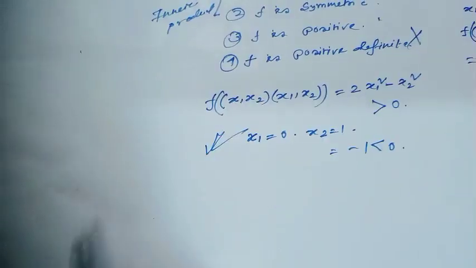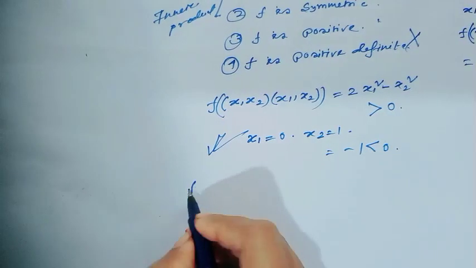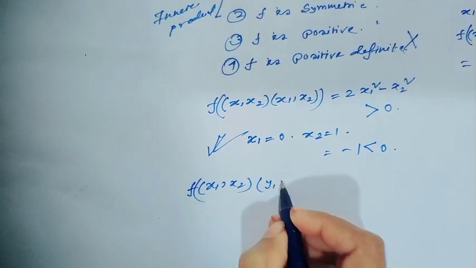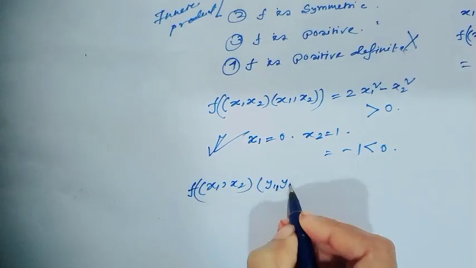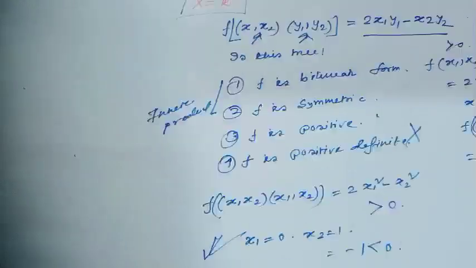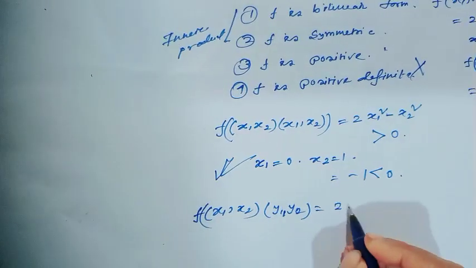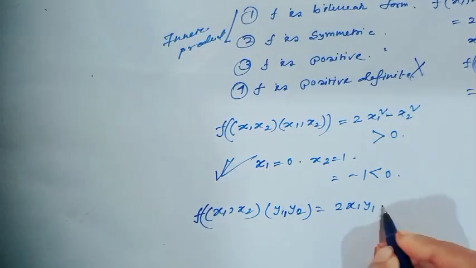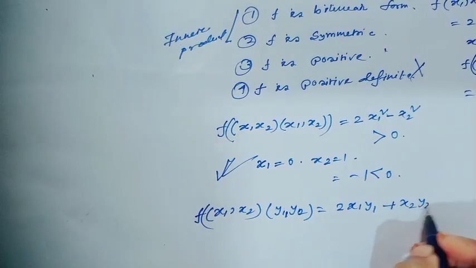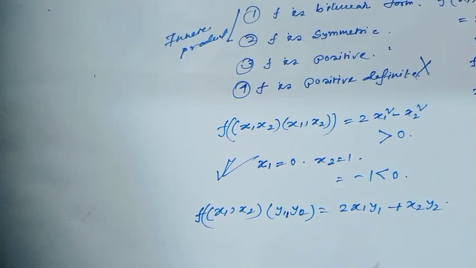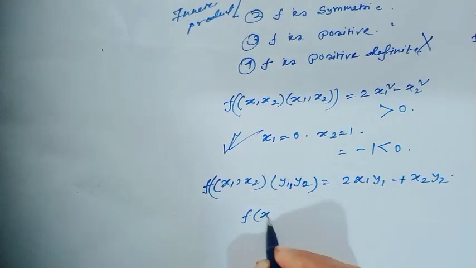But if we consider this mapping in R2, f of (x1, x2), (y1, y2) equal to, here given 2x1 y1 minus x2 y2, but if we consider 2x1 y1 plus x2 y2, then this would always be strictly greater than 0.